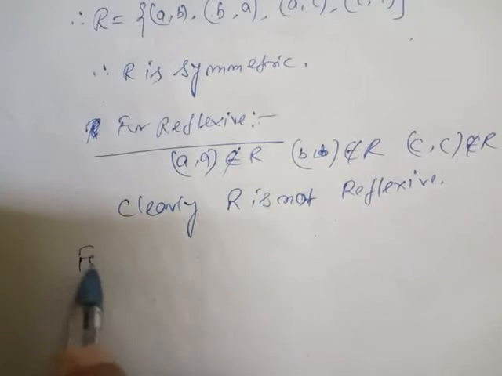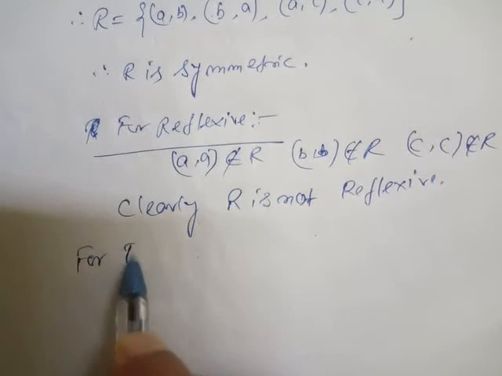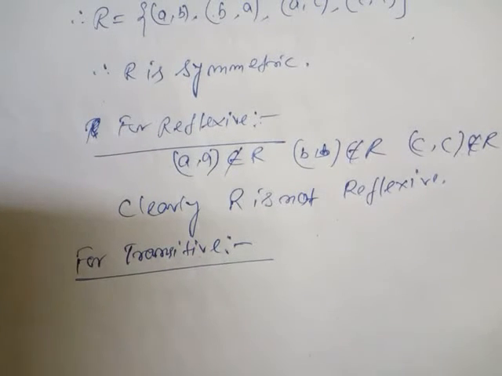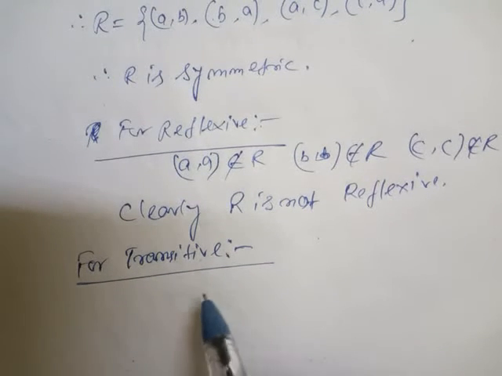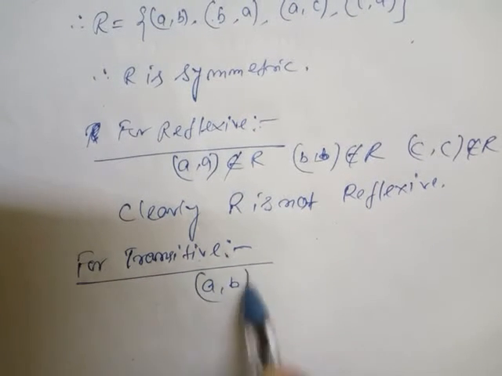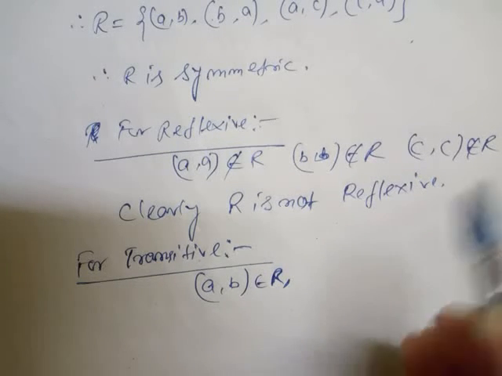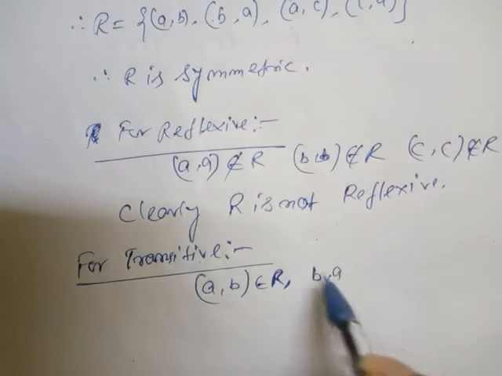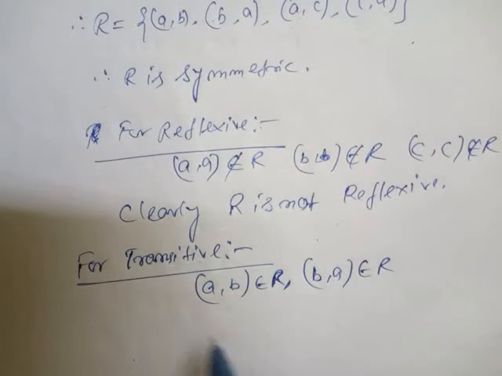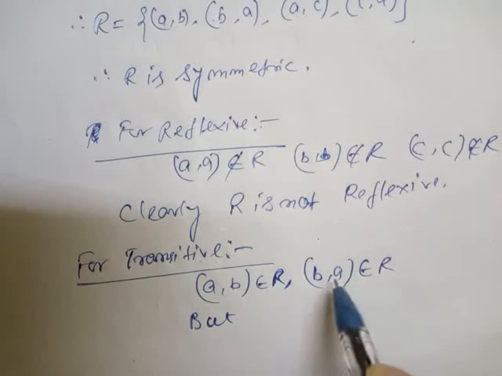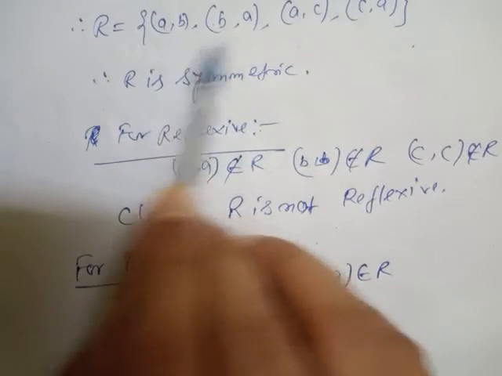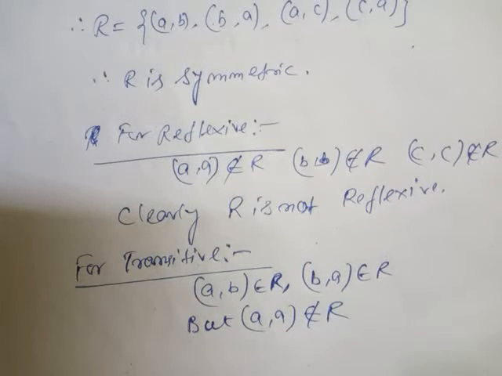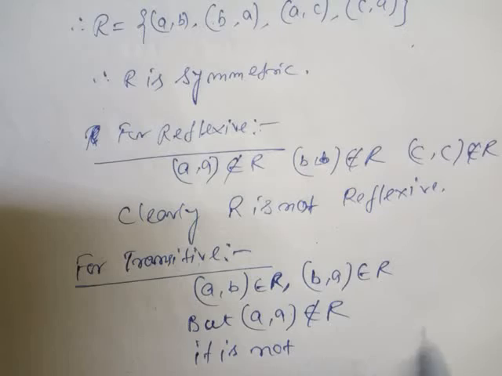Next one, for transitive. Now look, for transitive, what is the answer here? Look, (a, b) belongs to R, then (b, a) also belongs to R, but (a, a) does not belong to R. So we can say that it is not transitive.